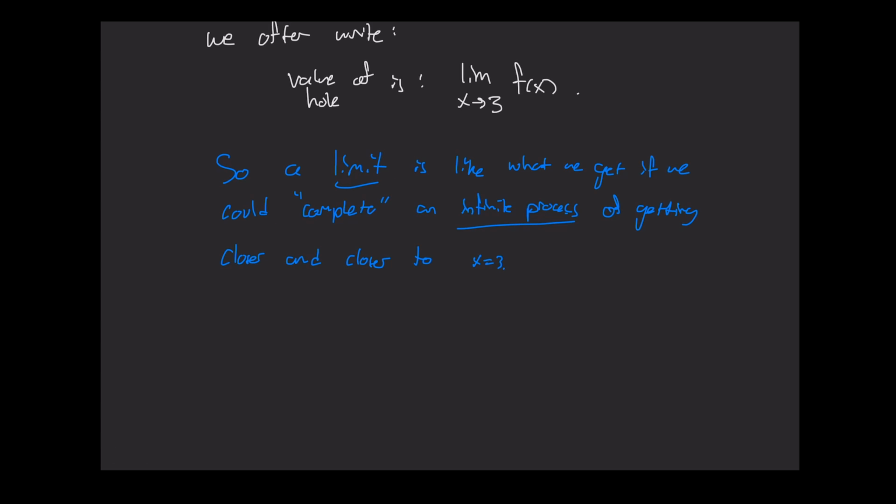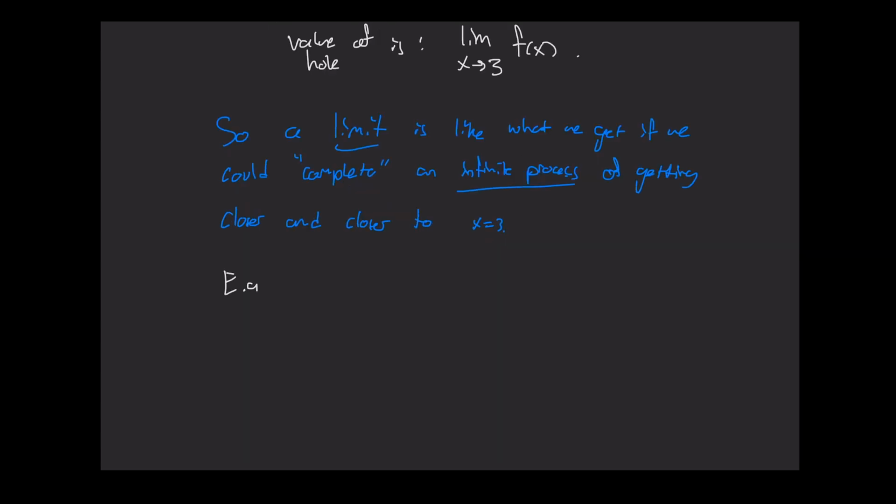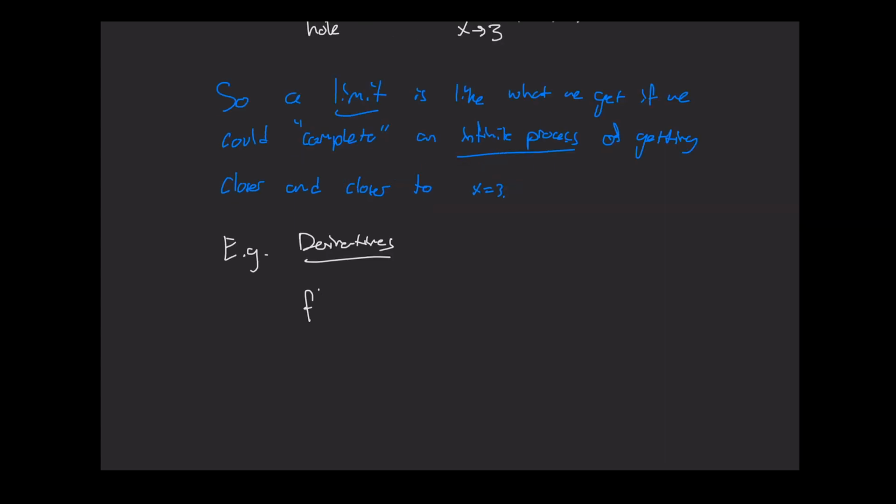So this problem shows up all over the place in calculus, but as a teaser, you might know the definition of derivative, that the derivative at x equals c of f is defined as the limit as x goes to c of f of x minus f of c over x minus c.